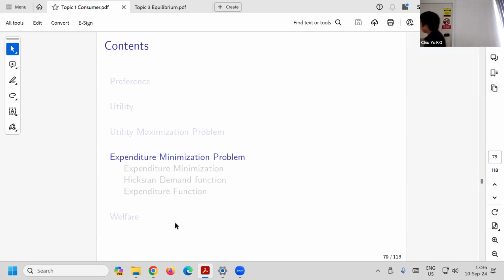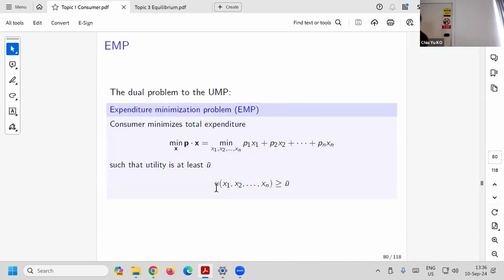Now, after the optimization problem of maximizing, we can have a dual problem, which is minimizing. In general, they can be different, okay? But in this particular case, they're the same thing. Whether you are maximizing utility subject to budget constraint, or you're minimizing expenditure to achieve the minimum utility level, they're the same thing.